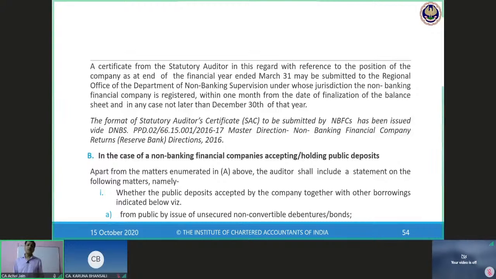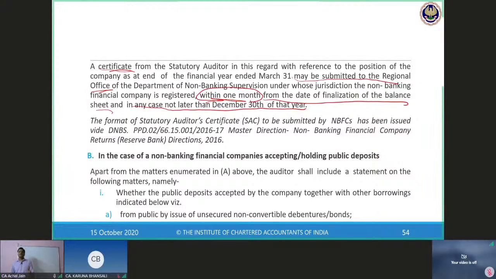So let's say, for example, 31st March 20, may be submitted to the regional office of the Department of Non-Banking Supervision within 1 month from the date of finalization of the balance sheet, in any case not later than December 30th.